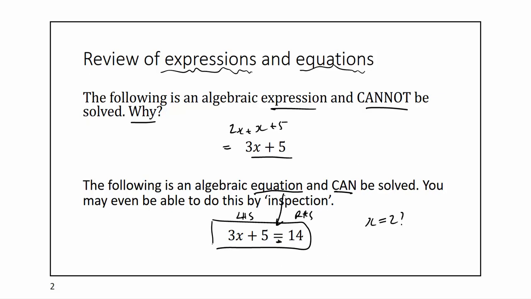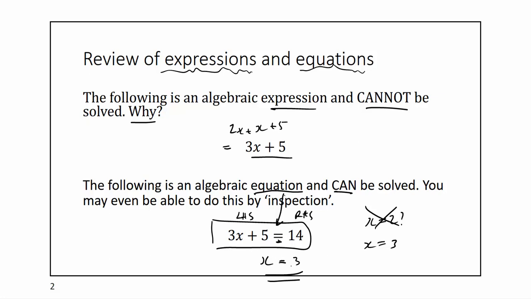I don't know whether this is right, I'm just going to inspect it to see. 3 times 2 is 6, 6 plus 5 is 11, and we know that 11 is not the same as 14, so that's wrong. Let's try x equals 3. 3 times 3 is 9, 9 plus 5 is 14. So the solution to this equation is x equals 3. That's the thing that makes it true.